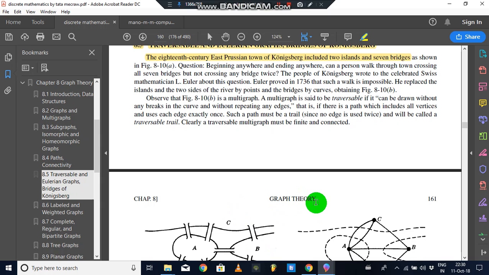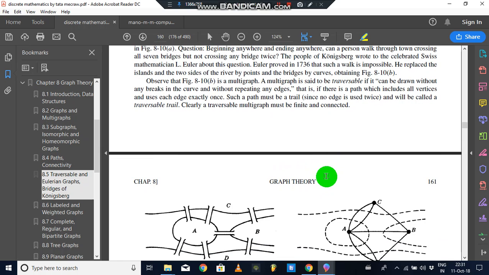So the people of Konigsberg wrote to the celebrated Swiss mathematician L. Euler about this question. Euler proved in 1736 that such a walk is impossible.